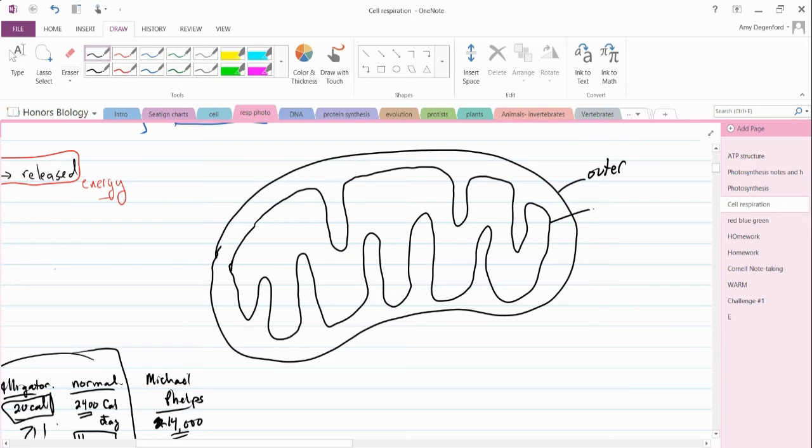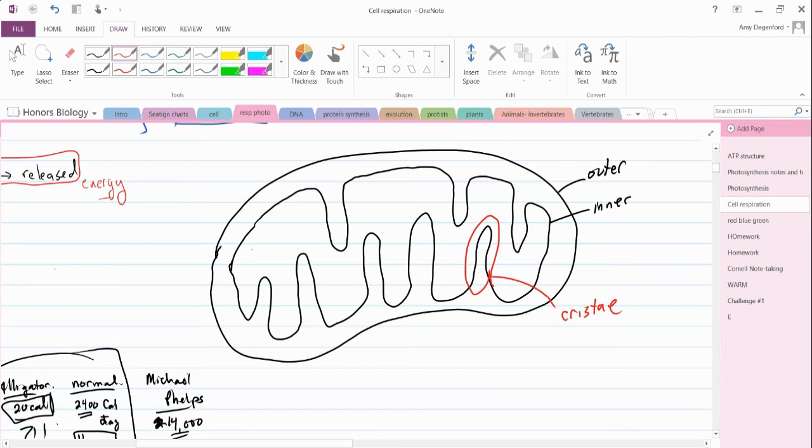Here's our inner membrane. So far, so good. And then we have these little folds, and the folds have a name. They're called cristae. And what's going to be important about them is they increase the surface area of the organelle, and that really does affect how much ATP can be made.